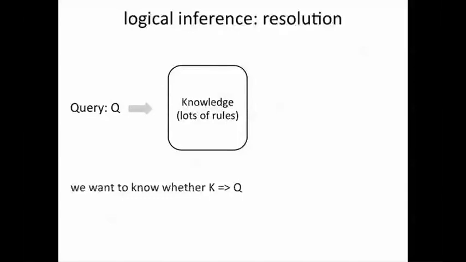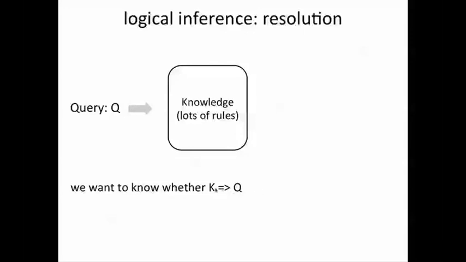We want to know whether, given this system of rules, which could have a lot of facts and a lot of rules, one can actually infer through logical entailment some way of fulfilling this query. Now, this query might consist of unknown variables such as X and USA and the relationship being is leader of.